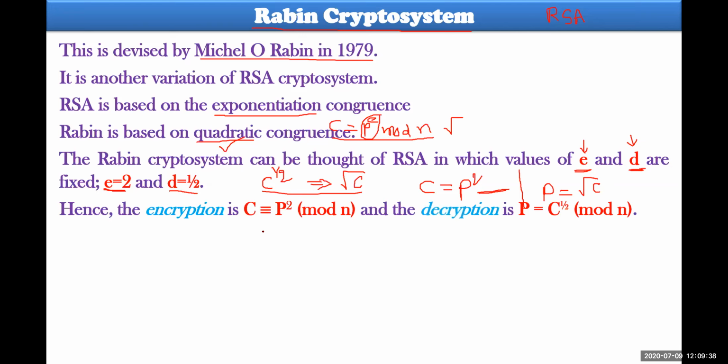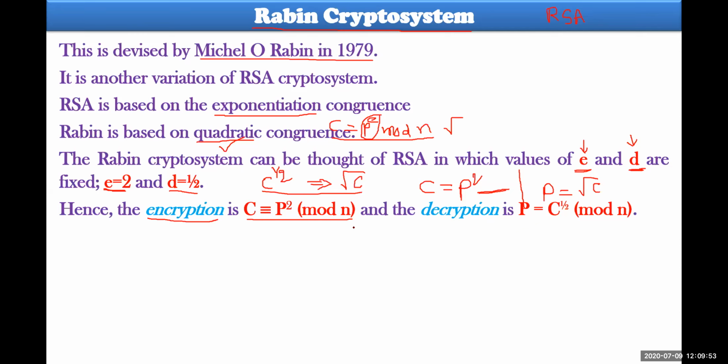As I said just before, during the encryption process the value is like this. What is the value of n? Let us understand after some time, on the next slide.